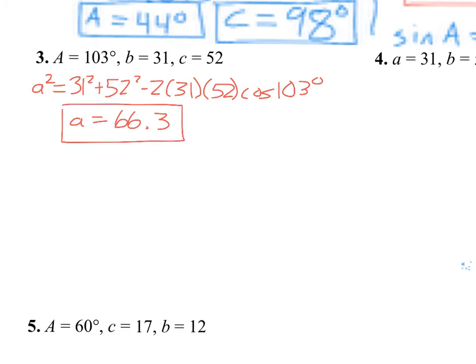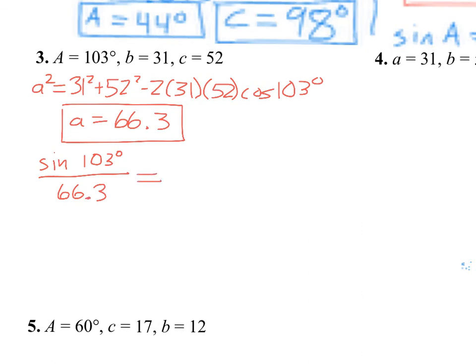So now we have all three sides, and we need to find the other two angles. You can switch to the law of sines. The only pair that we have both of is A, sine of 103 over 66.3.